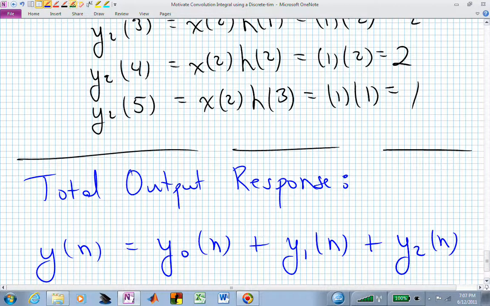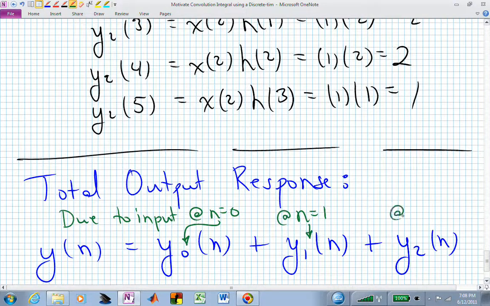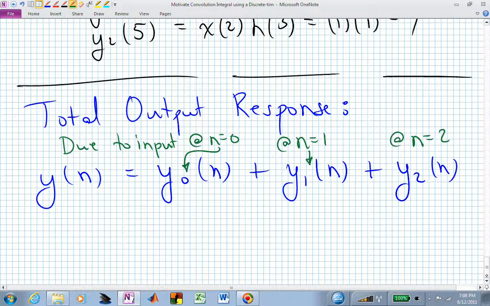If I can squeeze this commentary in, there's the component due to the input at n equals 0. This is the component due to the input applied at n equal 1. And this is the component due to the input applied at n equal 2. Let's now calculate the y of n for the different values of n itself.